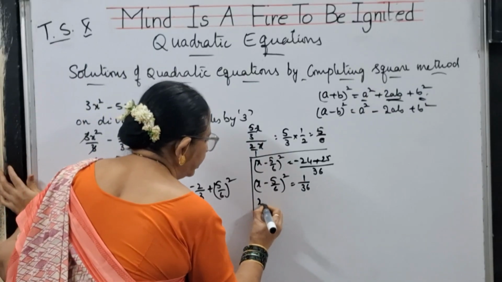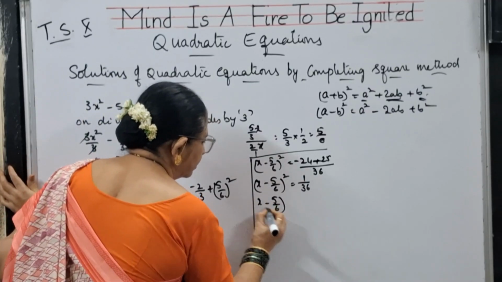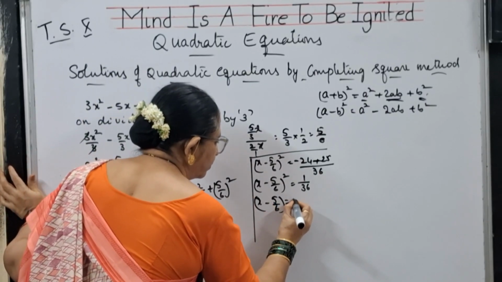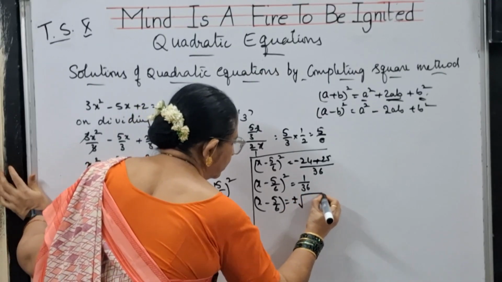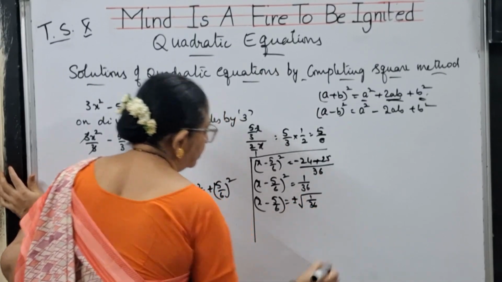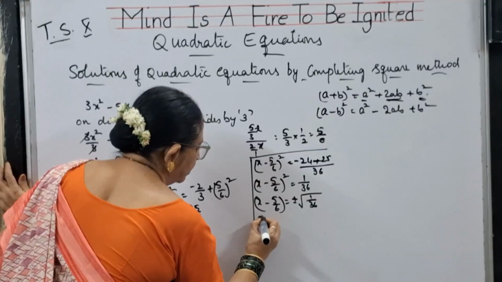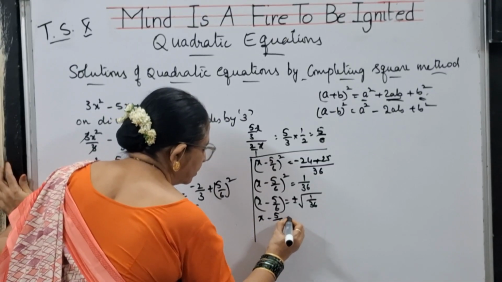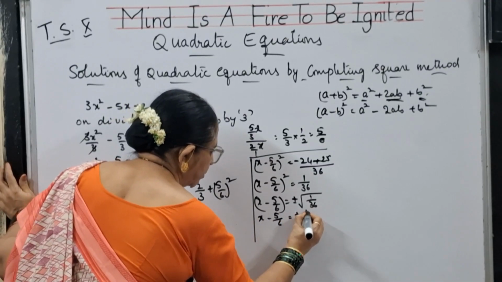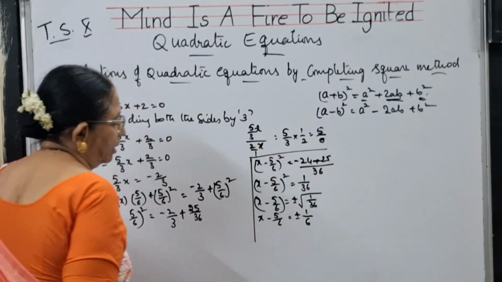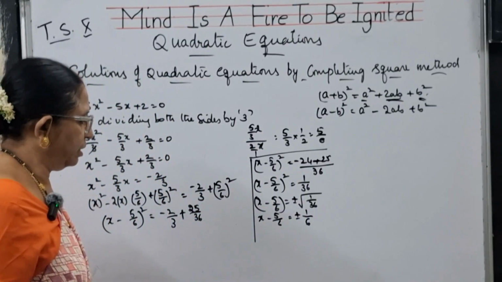So what is x minus 5 by 6? x minus 5 by 6 is equal to plus or minus root of 1 by 36. That means x minus 5 by 6 is equal to plus or minus 1 by 6. 6 6s are 36.